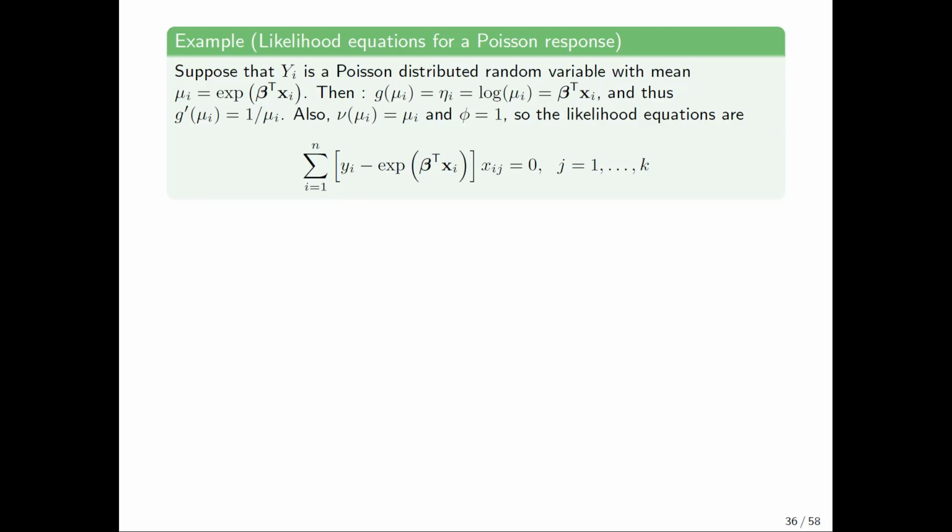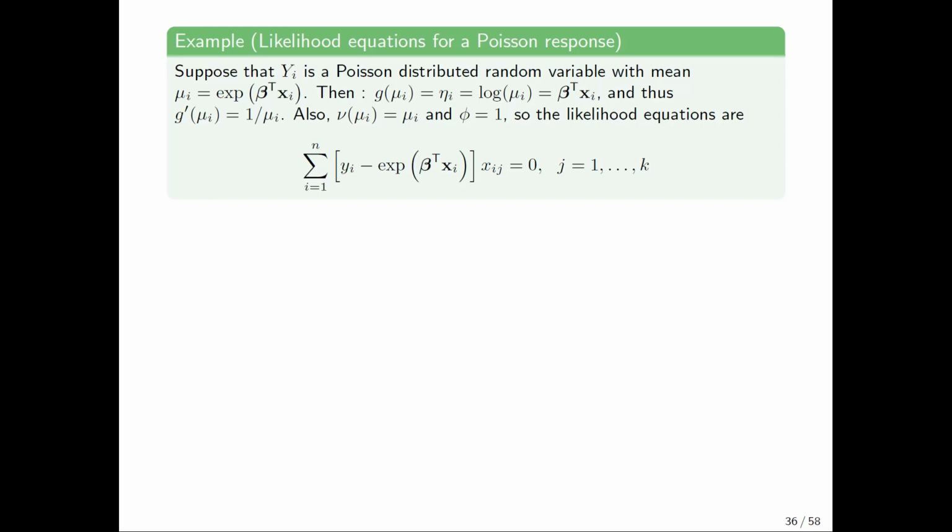And then finally, the third one we'll look at is the Poisson response. Y_i is a Poisson random variable with mean μ_i equal to the exponential of the linear predictor. The link is the log, so g prime of μ_i is 1 over μ_i. The variance function is μ_i and φ is 1.